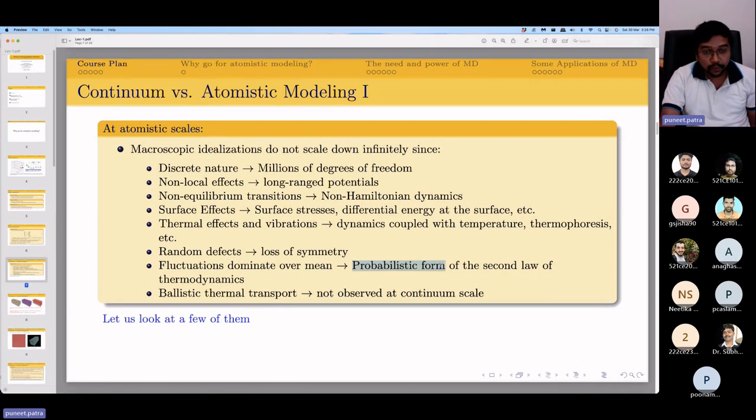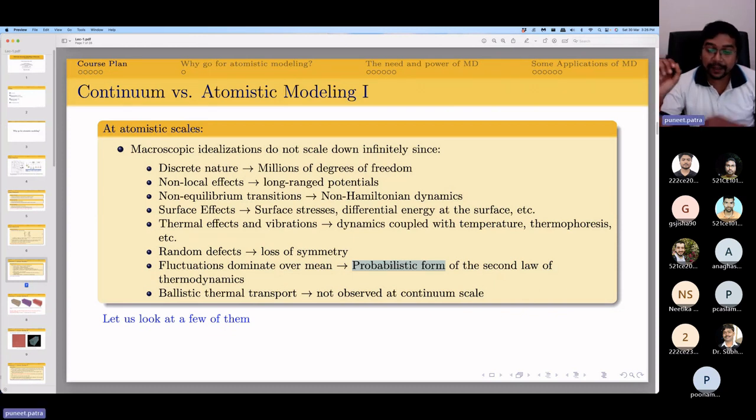Although it is beyond the scope of this lecture, you can take a look, if you are interested, at what is known as the fluctuation theorem. Just to give you an idea, what it says is: the smaller the system that you are trying to simulate, and the shorter the time that you are trying to investigate, in such cases there is a finite probability of heat flowing from a colder region to a hotter region spontaneously.